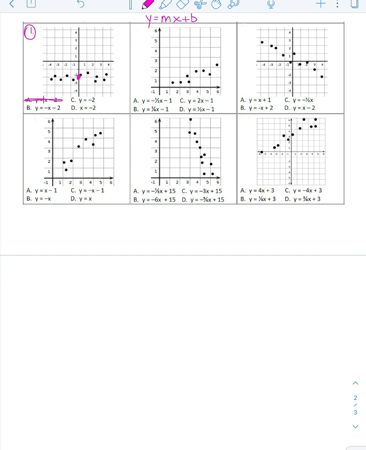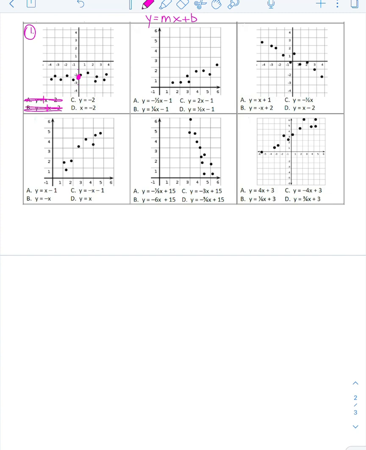Let's look at B. B says that my y-intercept is negative 2 and I have a slope of negative 1. So that means I go down 1, run 1, down 1, run 1. Does that line match those dots? No, it doesn't. Now look at this.